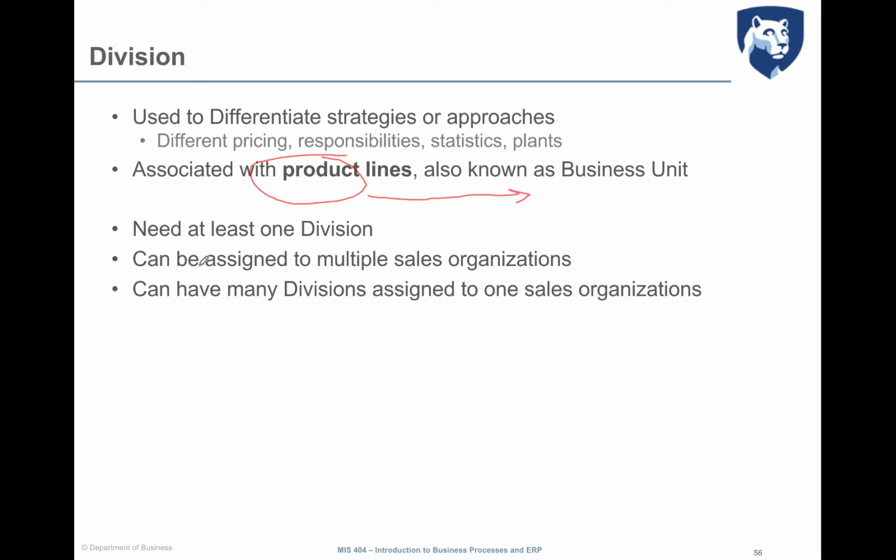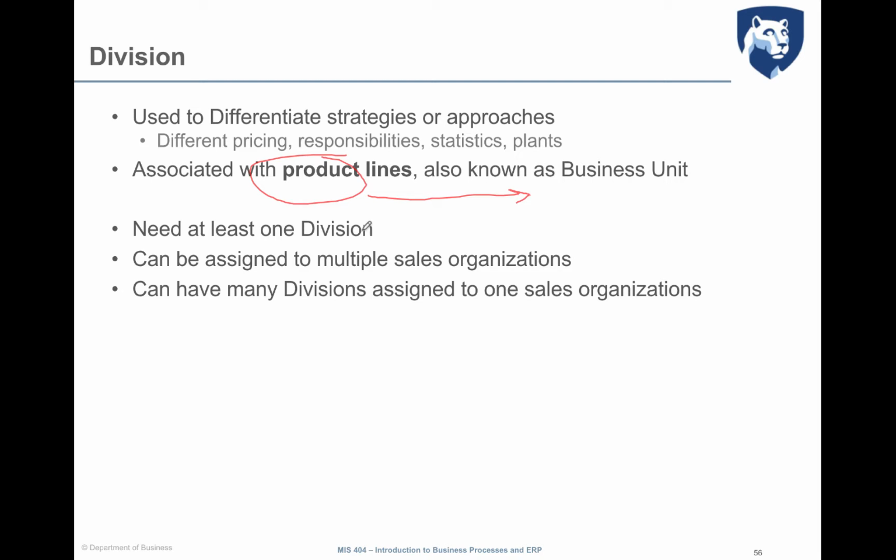And then of course it acts as if it were an autonomous entity within the same company. A division can be assigned to multiple sales organizations if a company needs to do that, because it may happen that a product within a division can be sold in different markets even if the sales organization is not part of this division.